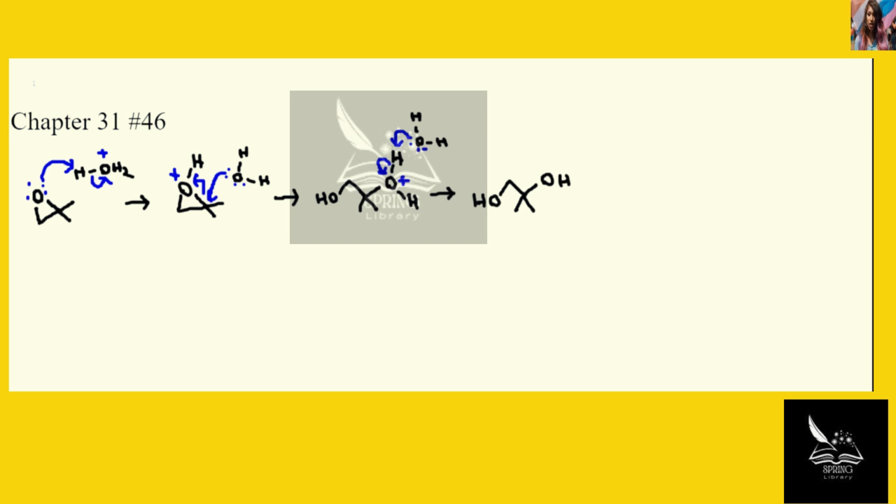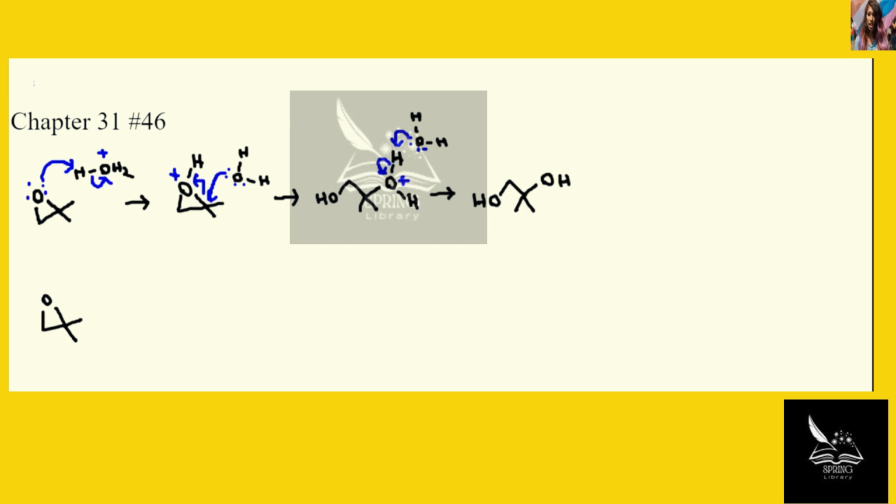And so from here, this molecule that we've just made can act as the nucleophile on another epoxide. So I'm going to make a fresh line, a second line here. So here's another molecule of our starting epoxide.